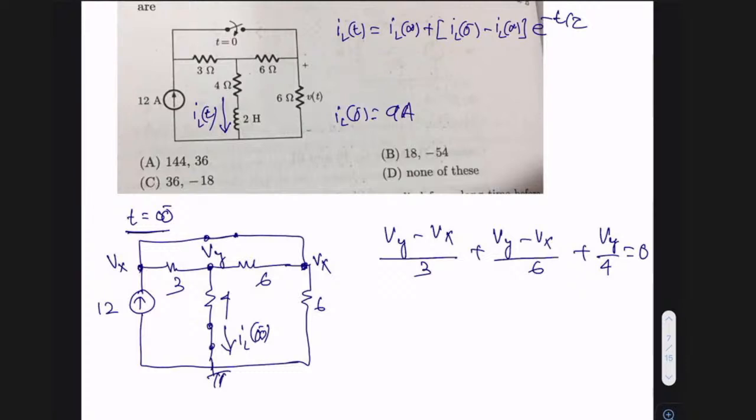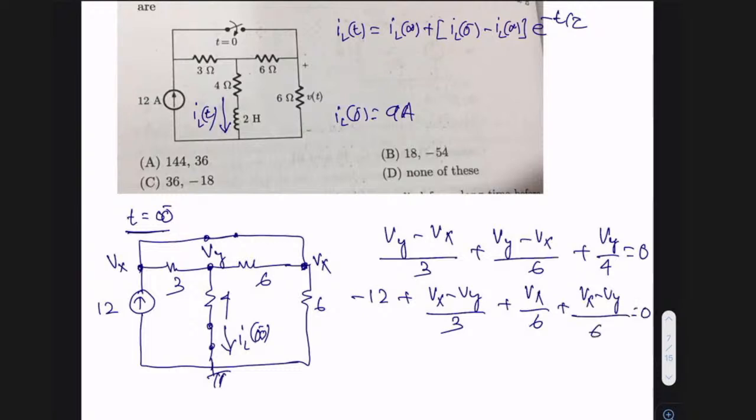What is the other equation we have? The other equation is minus 12, from these segments, plus (Vx minus Vy) divided by 3, plus Vx by 6, plus (Vx minus Vy) divided by 6 equals 0.